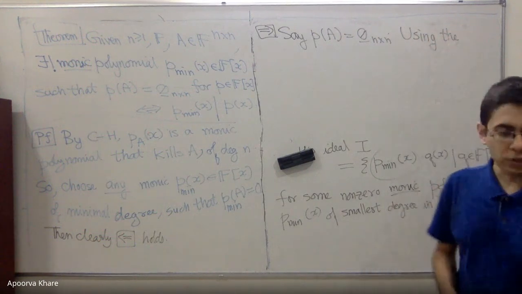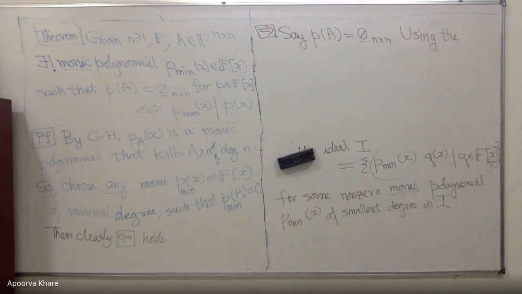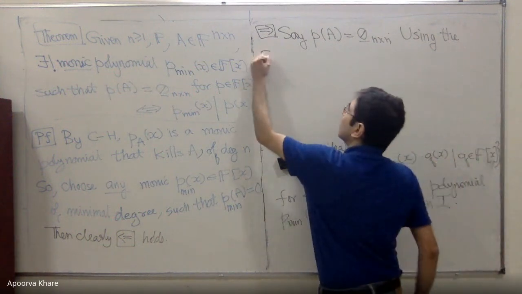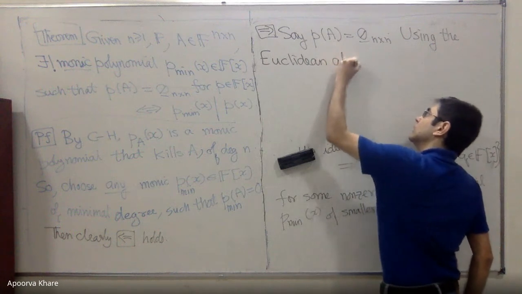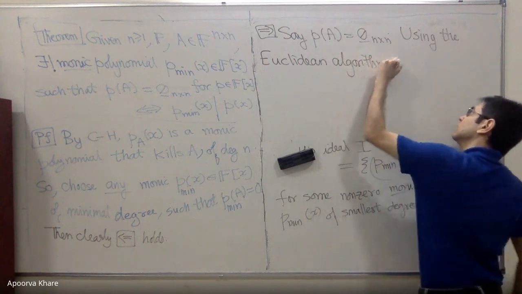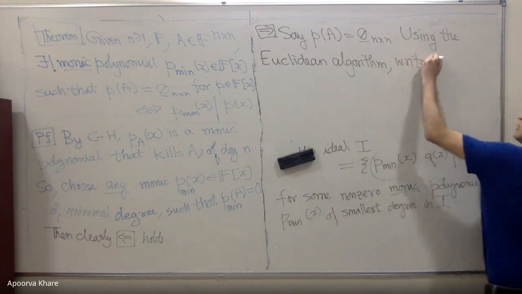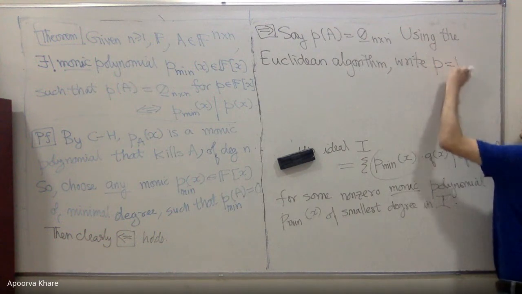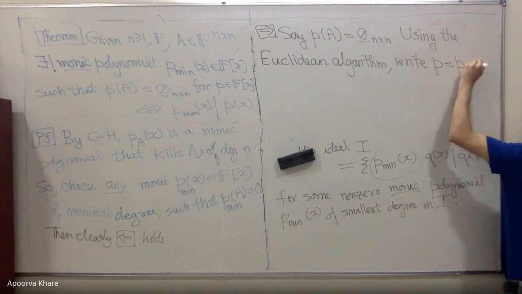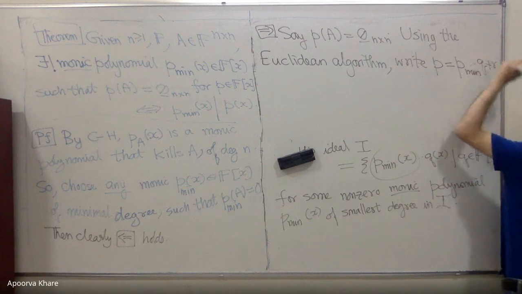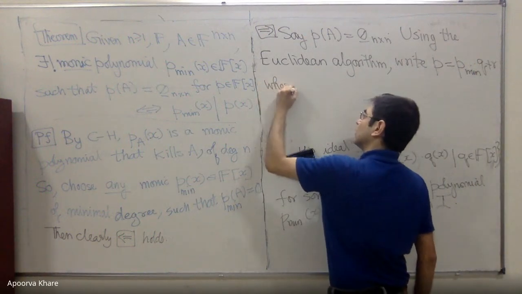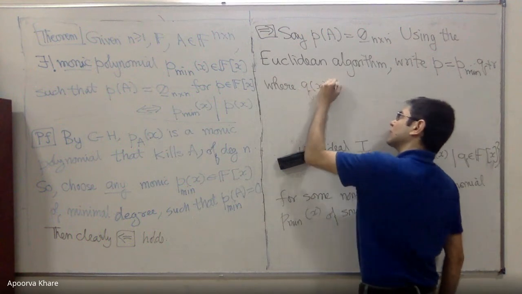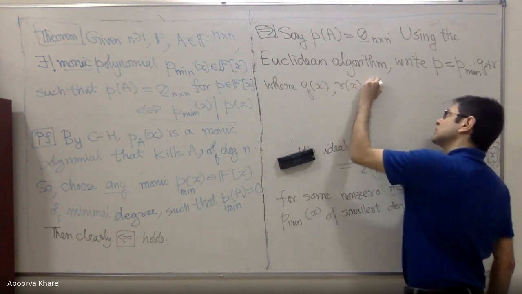the Euclidean algorithm. Let us write P equals P min times Q plus R, where Q of x, R of x are polynomials, of course.